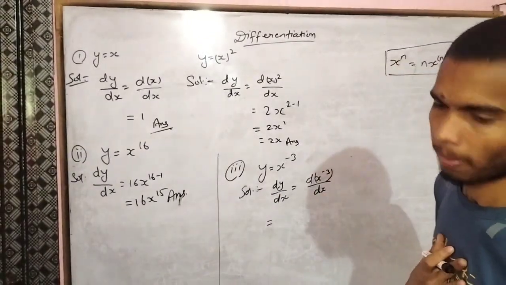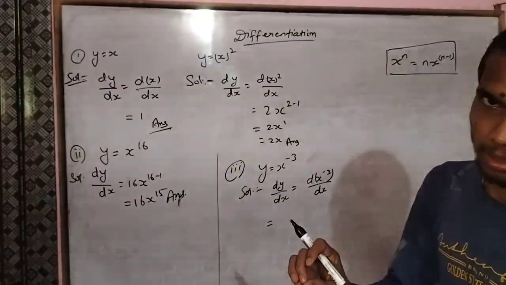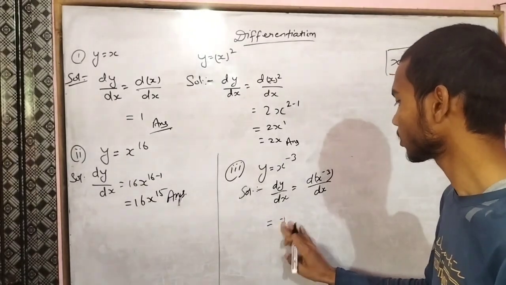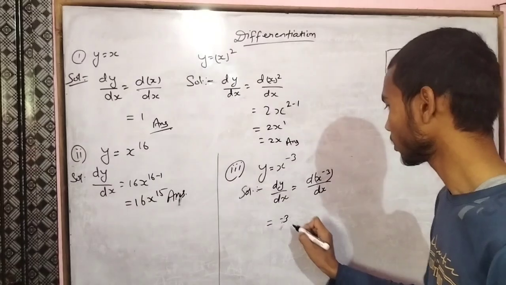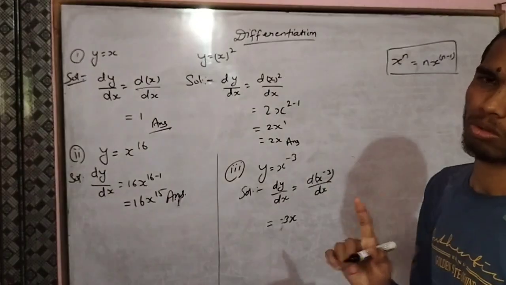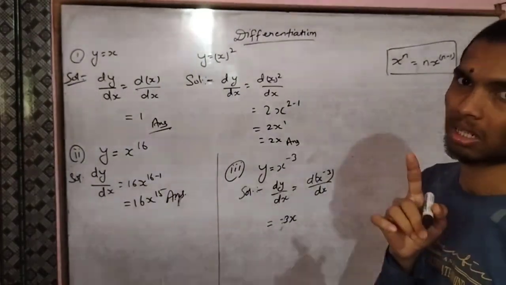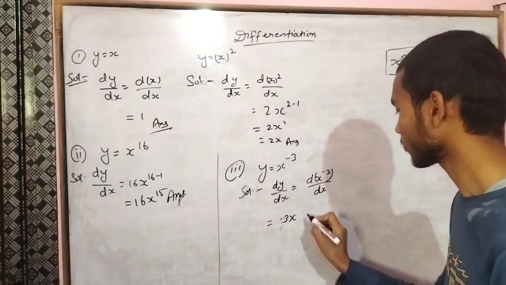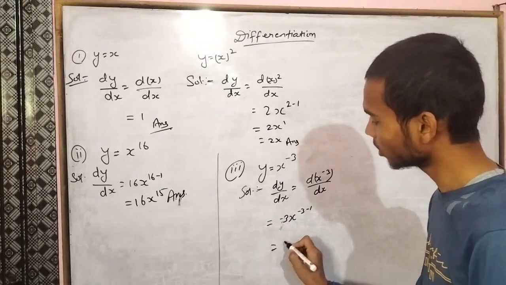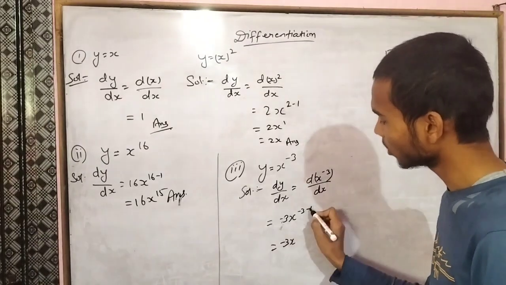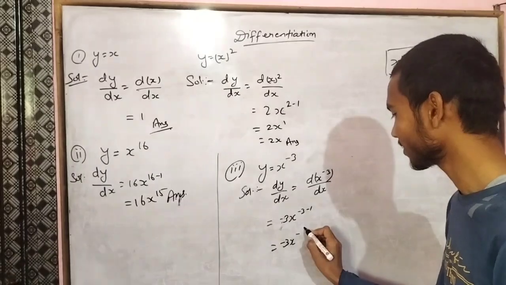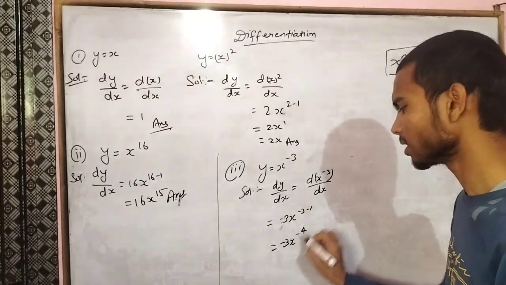First of all we will write the exponent, which is minus 3. Then we have the variable, which is x. Now we will reduce 1 from the given exponent. Got it? How much would it be here? Minus 4. Till here, this is your answer.